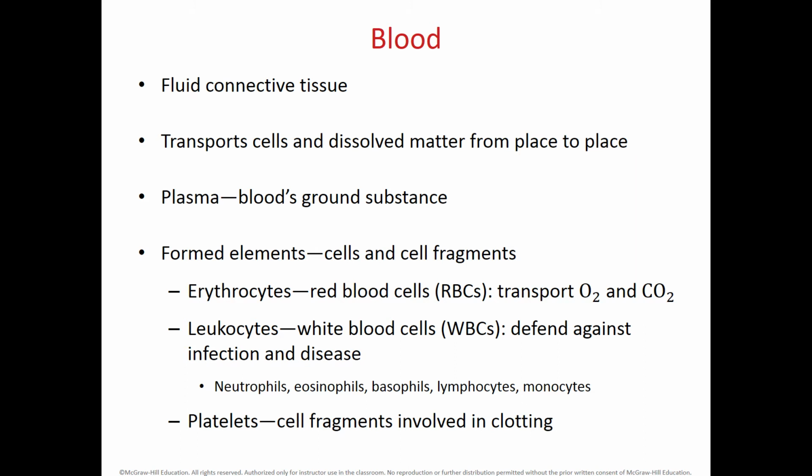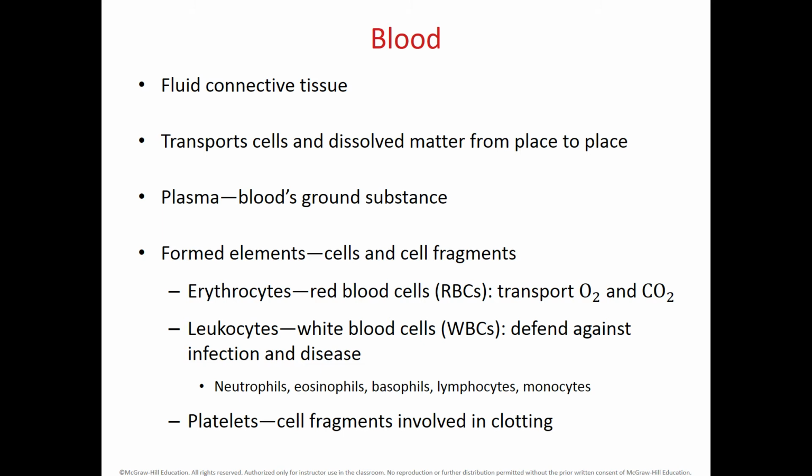Now, blood is the only fluid connective tissue in our body, and it has cells that are called the formed elements, and it also has a matrix, which is the plasma, the fluid part of the connective tissue. The blood not only has formed elements or cells, but also has fragments, which are called the platelets. The platelets are involved in clotting, so they prevent bleeding.